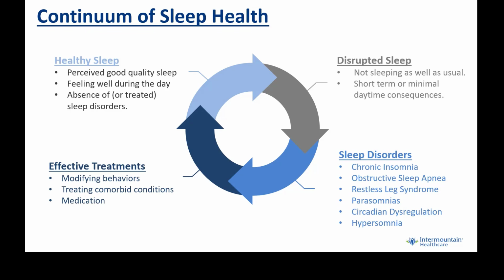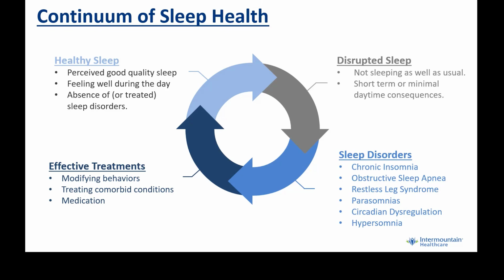And next, we come to sleep disorders. So this is the short list. Chronic insomnia is the most common sleep disorder. Obstructive sleep apnea follows. And then these bottom four are not as common, but they are there and can definitely disrupt sleep and deserve attention. We're not going to talk a lot about them in the interest of time, but they are important and deserve attention, just not today.